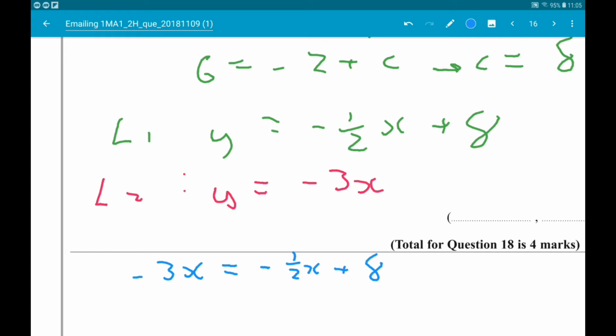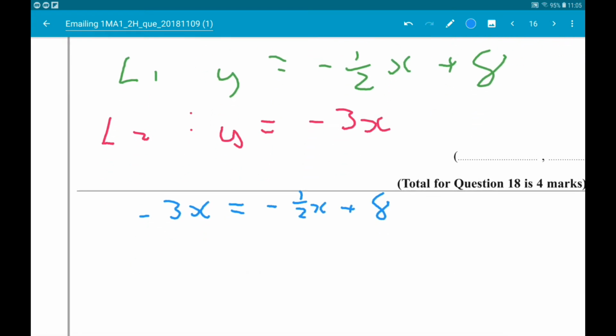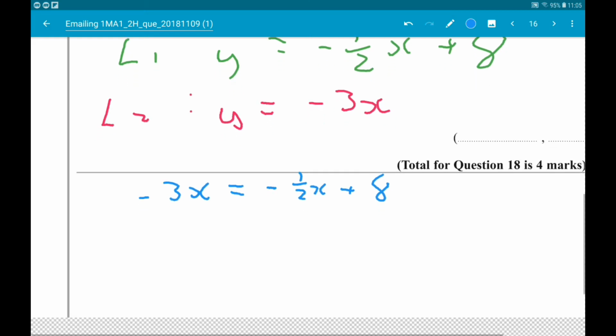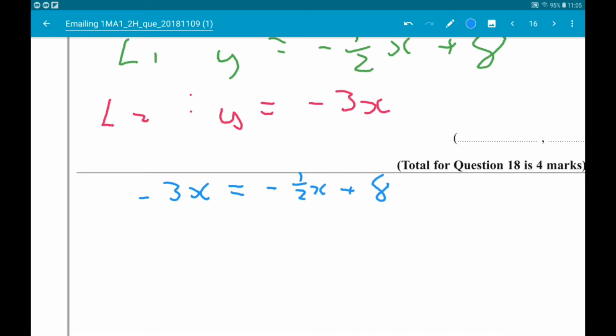So, from this, we can find the value of x. If we add 3x to both sides, probably the nicer way to do it, then we're going to get 2.5x, or 5/2 x. So we're going to get 0 is equal to 5/2 x add 8.